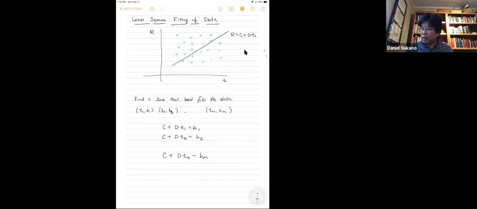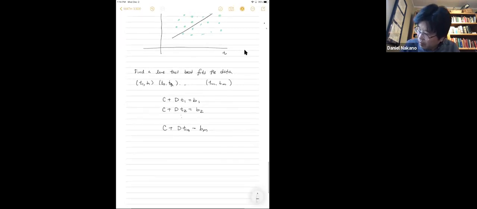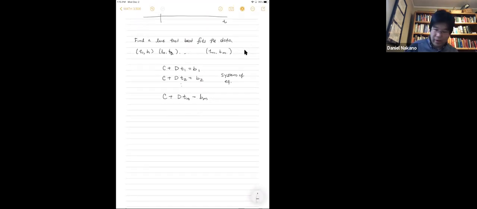So we have a system of equations. And most likely this system, unless all these points lie on the same line, is going to be inconsistent. So what I'd like to do is find C and D, which are the best fit. In order to do that, we transform this as follows.